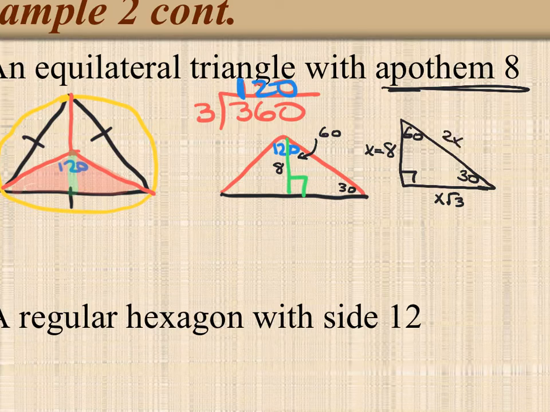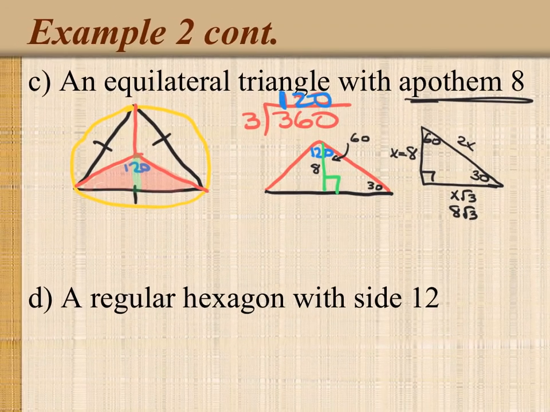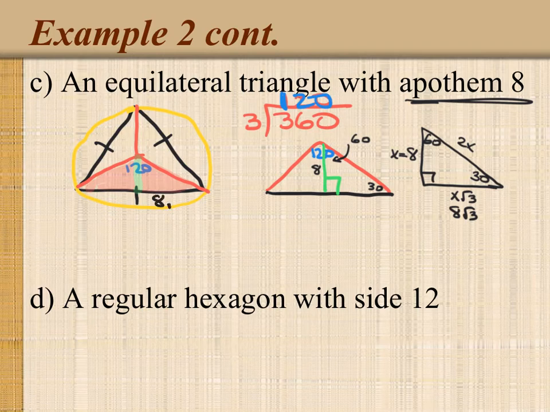So I already know what x is. So all I have to do is put 8 square root 3. But remember, this is only for this piece. So this is 8 root 3, and so is this. So to find the full length of the side of the triangle, I'm going to add 8 plus 8 and get 16 square root 3.